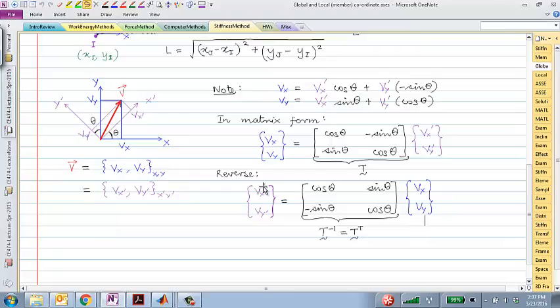Okay, so I have local displacements. I'll replace them with T transpose times global displacements.